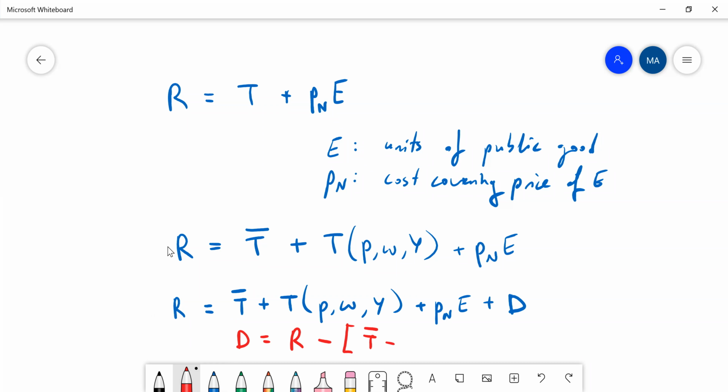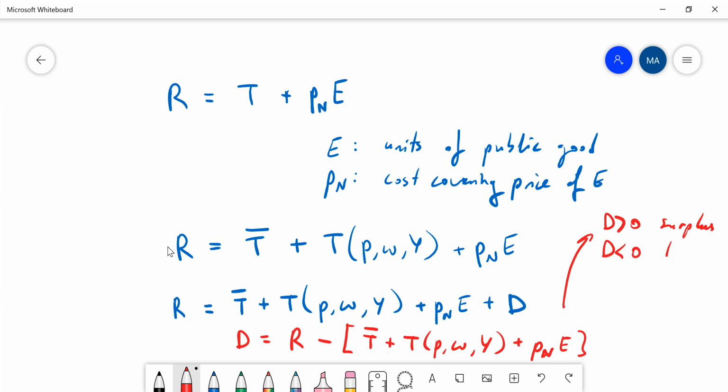Total expenditure is fixed transfers or autonomous transfers, non-autonomous transfers, and the expenditures on the public good. Okay. So if D is positive, it is a budget surplus, right? If D is negative, it is a deficit.